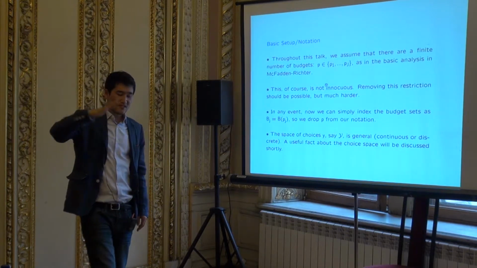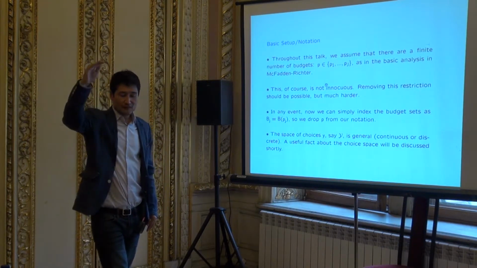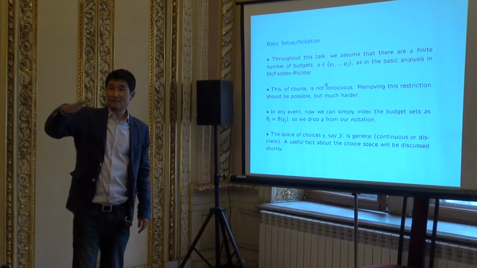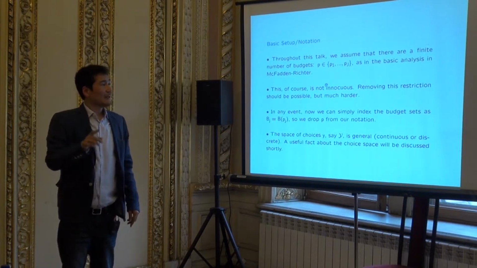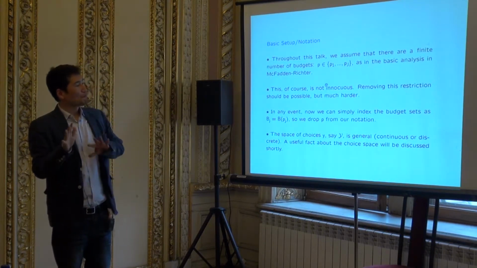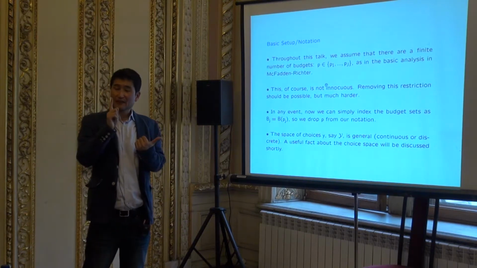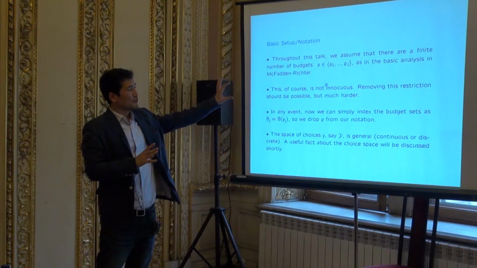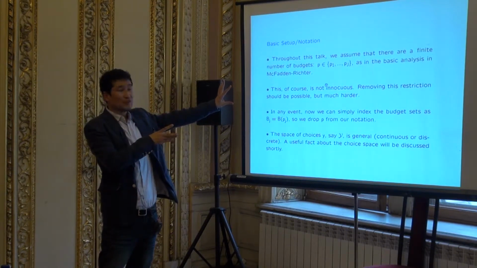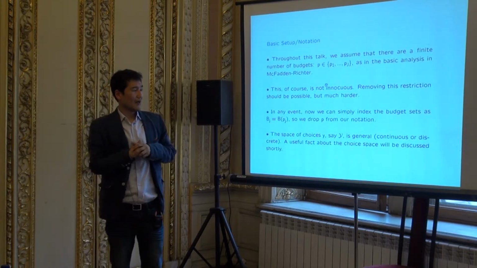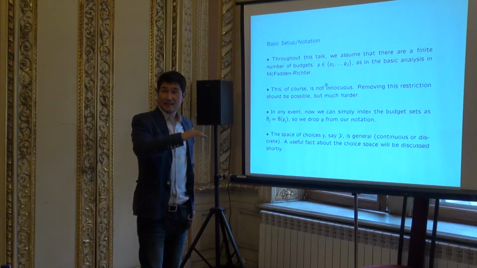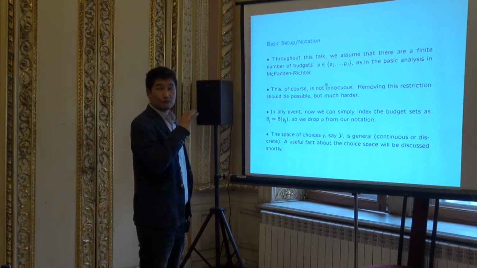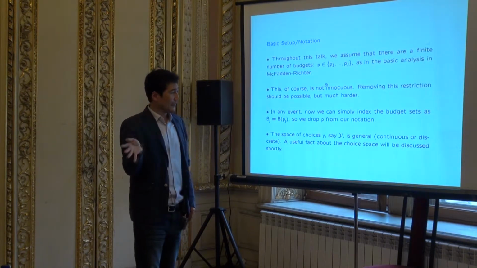So the budget sets, strictly speaking, vary continuously. In principle, theoretically, and also in certain cases in practice, we should be able to do it, but I'm not going to do it here. So from the outset, the number of budgets we are going to focus on is just finite.